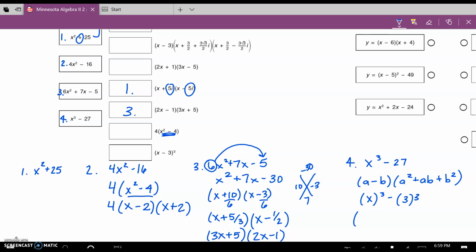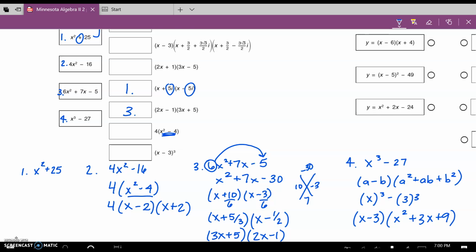So then I would do x minus 3, and then x squared plus, I'd have to do a times b, which would be x times 3, so that would be 3x, plus b squared, which is 3 squared, which is 9. So then this would be my answer.